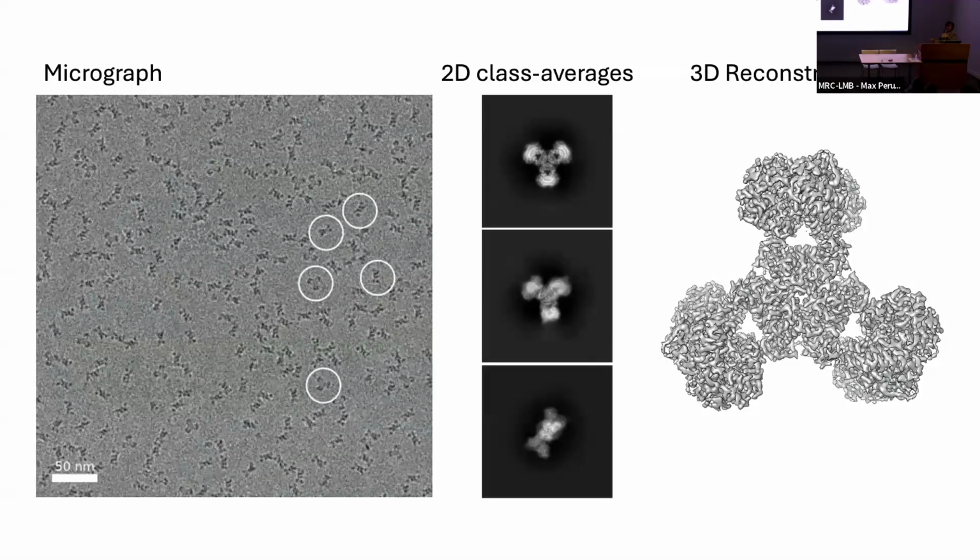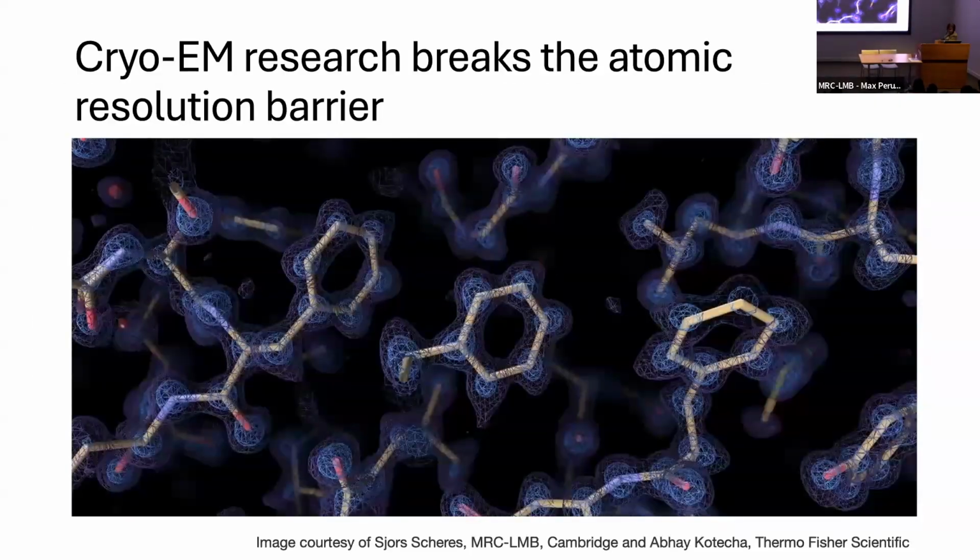But it's very under focus. This is why we need to use different focus. And then this is the structure he got. It's very nice. He built the model, fitting the backbone to the density. So this is the cryo-EM map. It is a very wonderful one. This is a collaboration with other people.